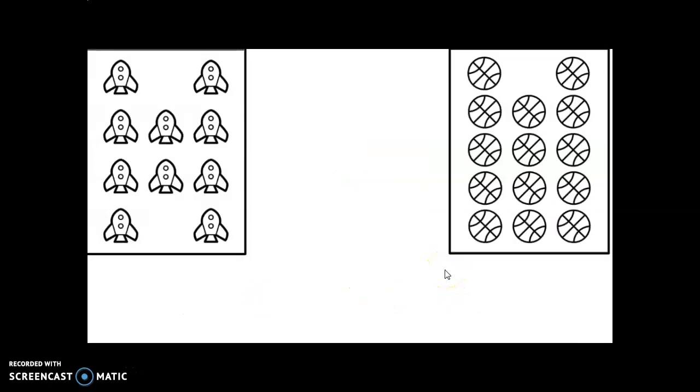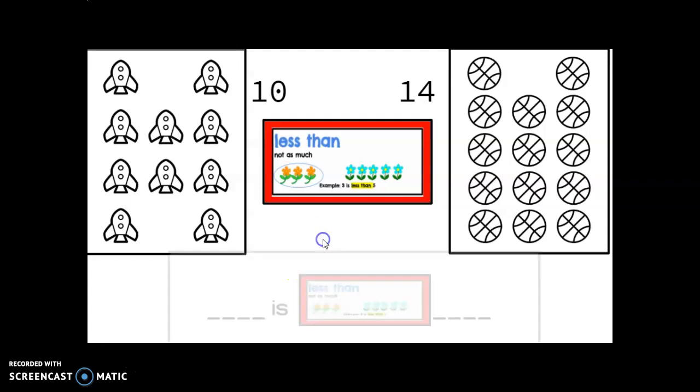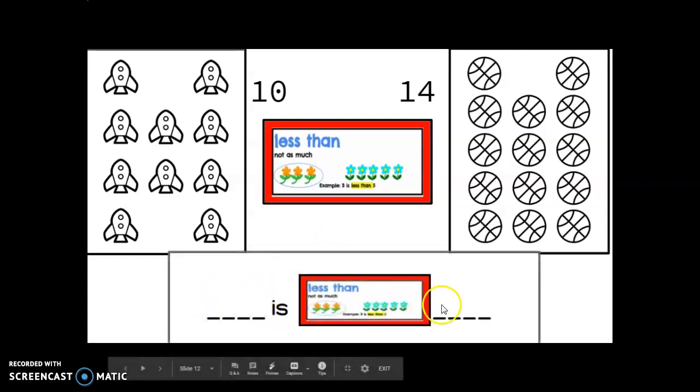Good. All right, so we have our rockets and our basketballs. So we have 10 rockets and we have 14 basketballs. And remember in our other assignment, we saw that the rocket ships were less than the basketballs. Now we're going to put that into a sentence, okay, using comparative language and the numbers.